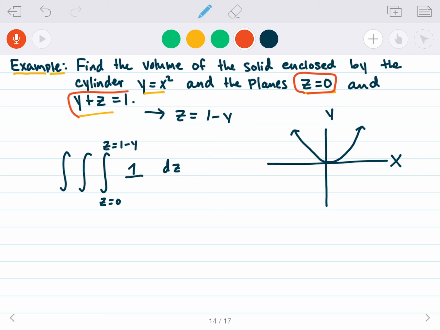So if I plug in 0 here, I get y plus 0 equals 1. So y equals 1 is going to be my upper bound here. Alright, so I have these points right here.